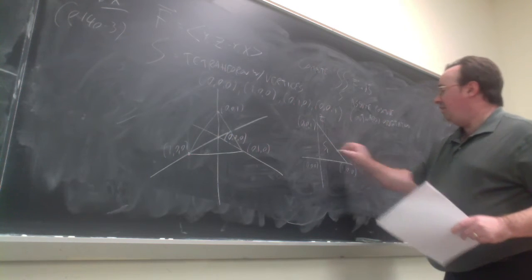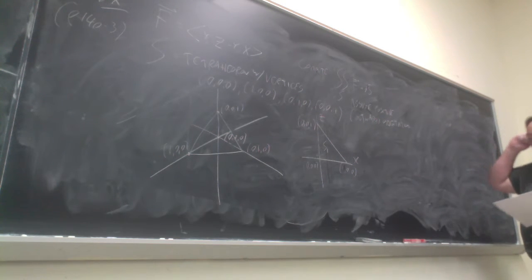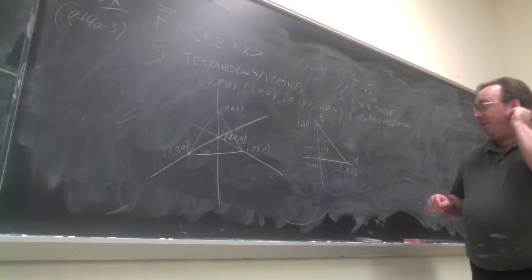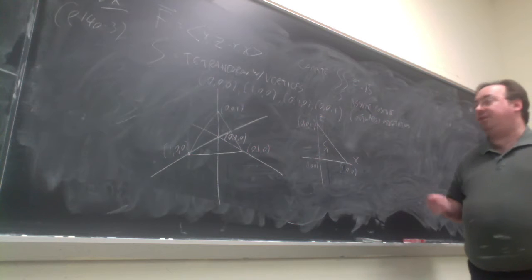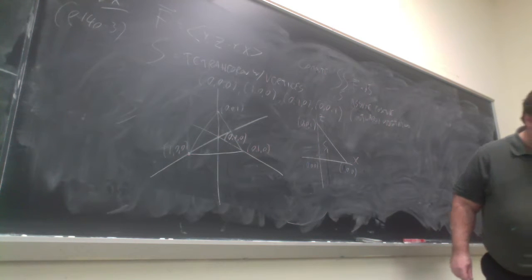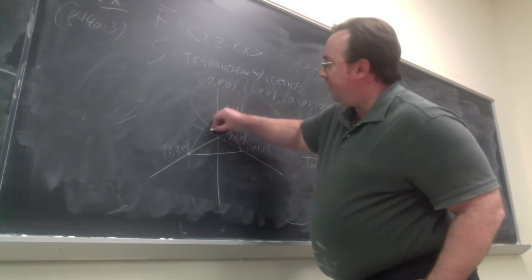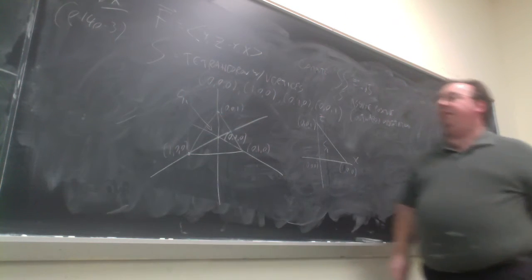I'll call this S1. To come up with parametric equations, we need equations for x, y, and z, all being functions of u and v. Now, S1 is this face over here.